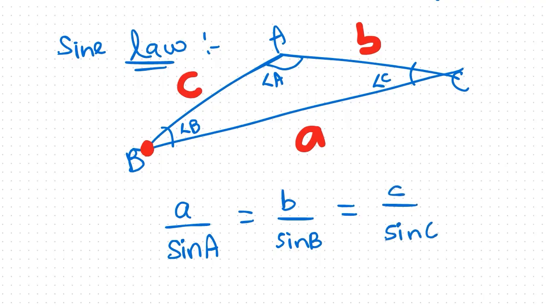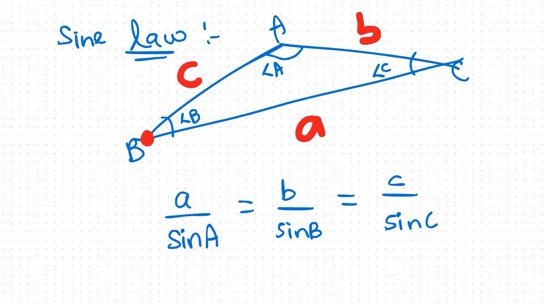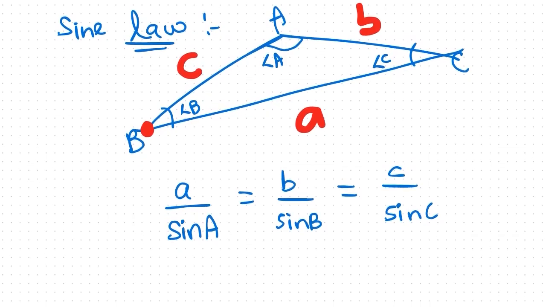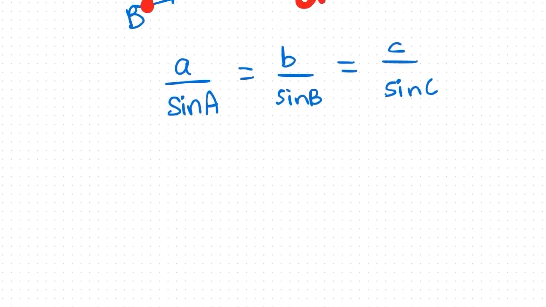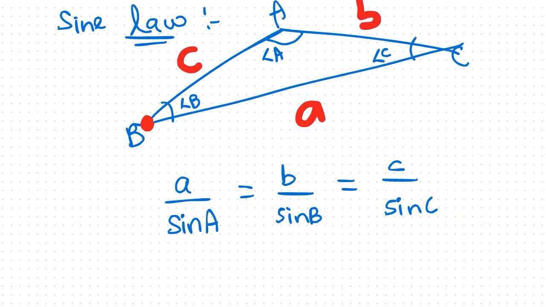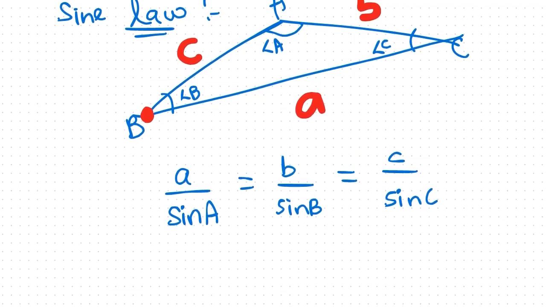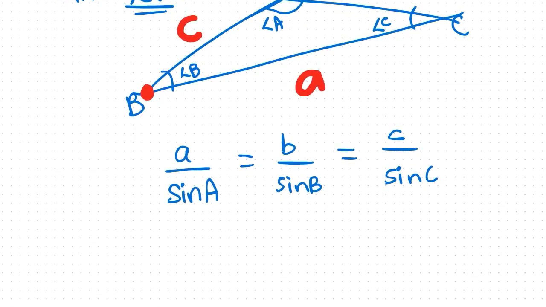It can also be written the other way around. My teacher had sine A over a equals sine B over b. It's the same thing: if you flip one, everything else flips.